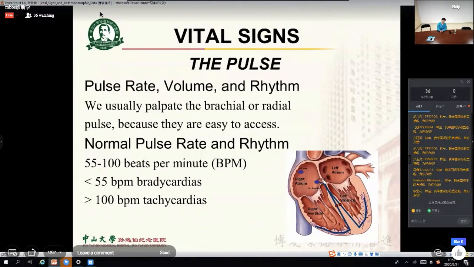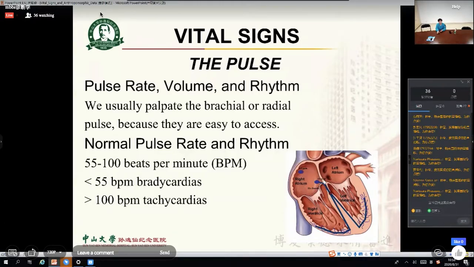The second vital sign is the pulse. The first one is the temperature, and the second one is the pulse. What is the pulse rate, the volume, as well as the rhythm? We usually palpate the brachial or radial pulse, because they are easy to access. The normal pulse rate and rhythm: a normal person will have 55 to 100 beats per minute.